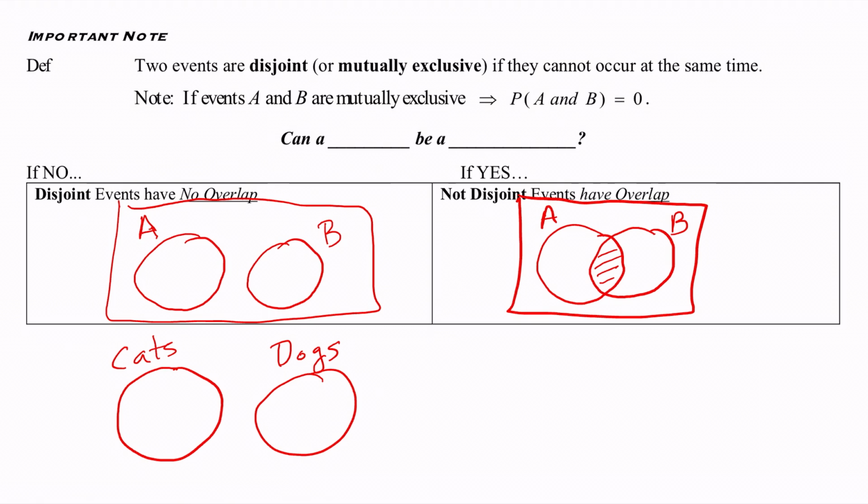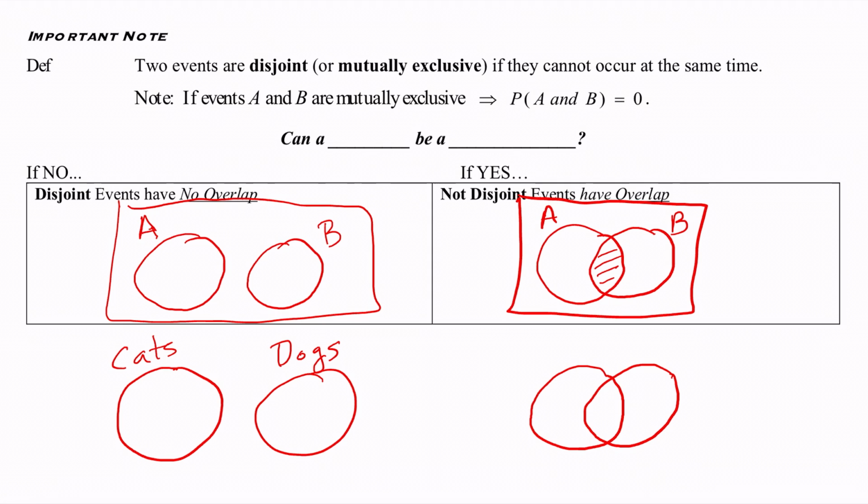Let's think, on the other hand, if I have sets that are not disjoint, we could, for instance, have one bubble that represents dog owners and another bubble that represents cat owners. And in this case, there could be people that own both a cat and a dog.